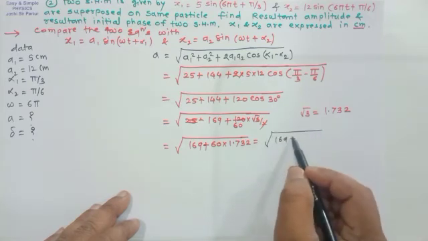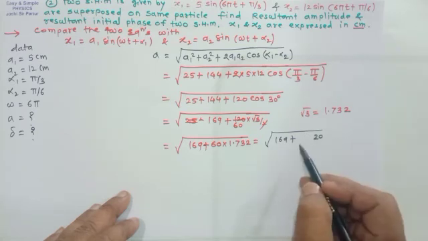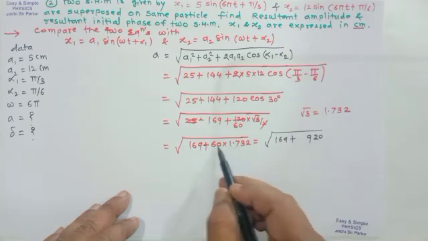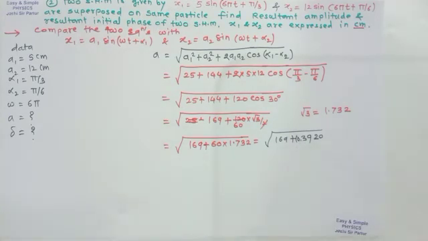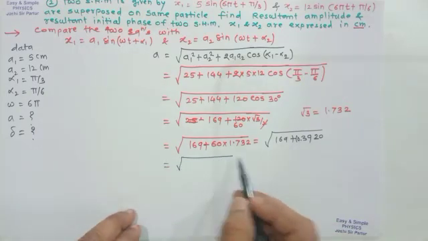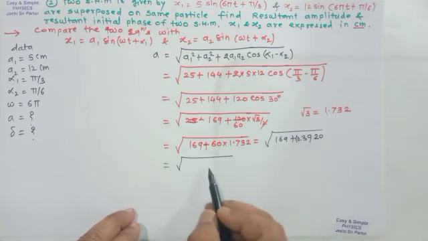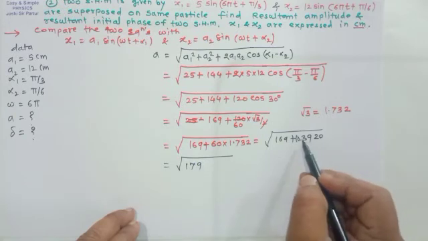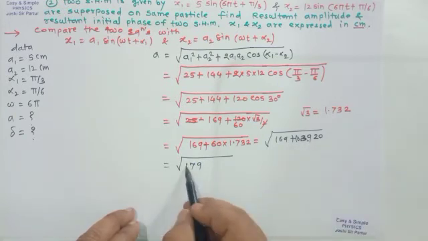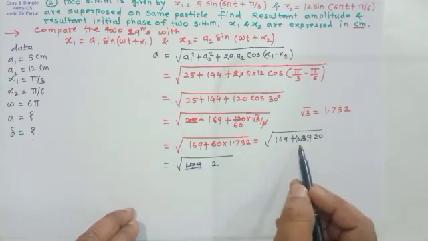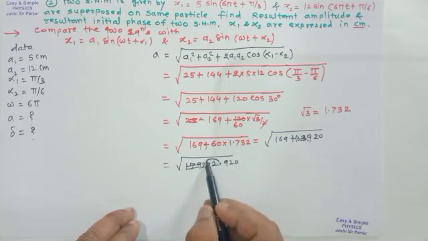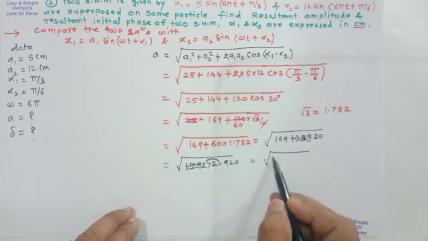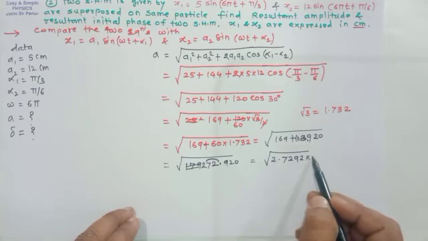It will be 169 plus 103.92, which is 272.92. If the decimal point is shifted, it will be the square root of 2.7292 into 10 to the power 2.